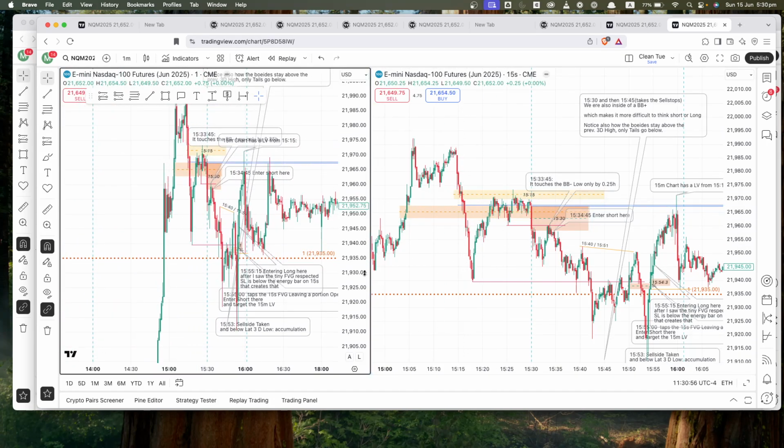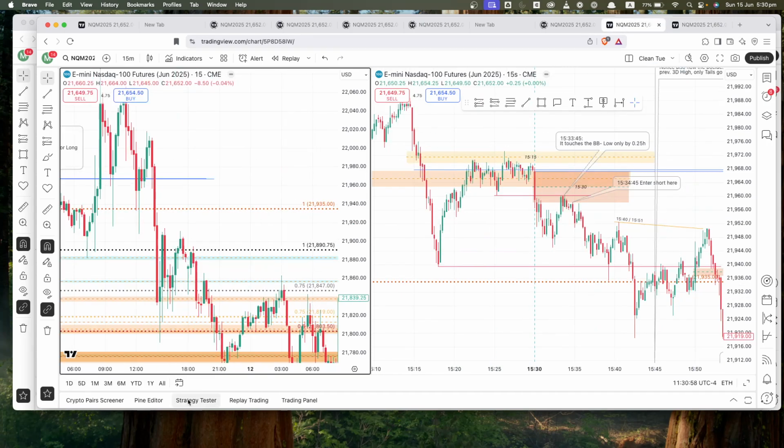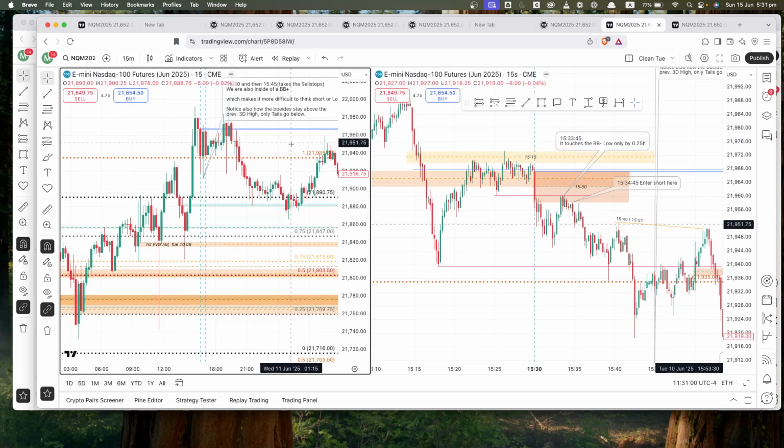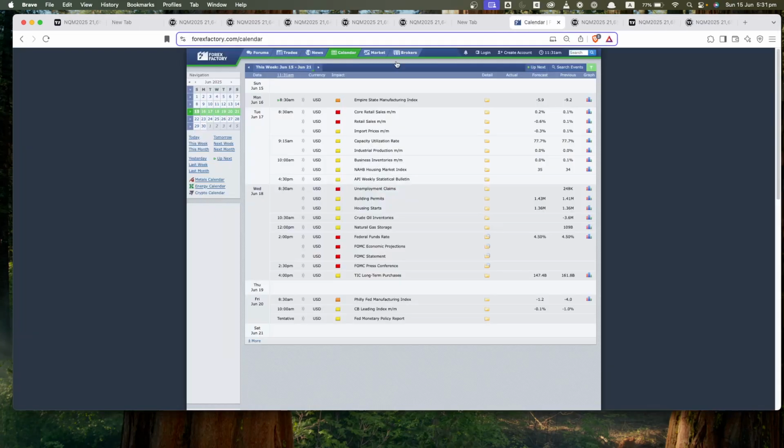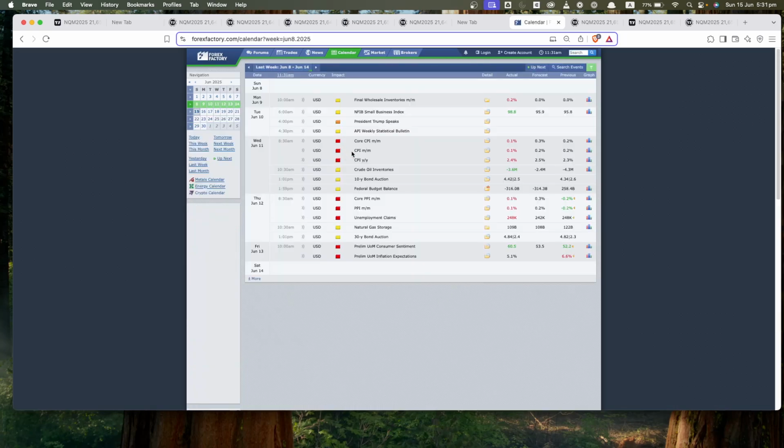So notice how this is a little bit more consolidation, which is typical because we have the CPI on the next day. Wednesday was the CPI and PPI, so we're expecting a bit harder price action to trade on Monday and Tuesday. And then here we want to stay away from the price, and Thursday should be a better setup.